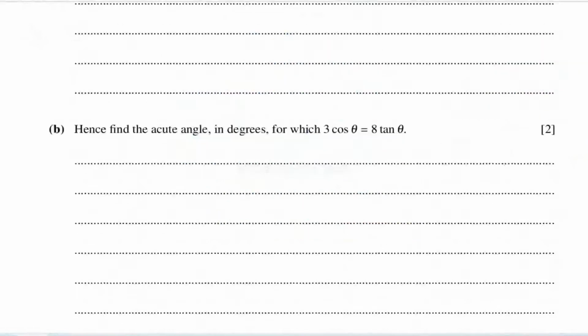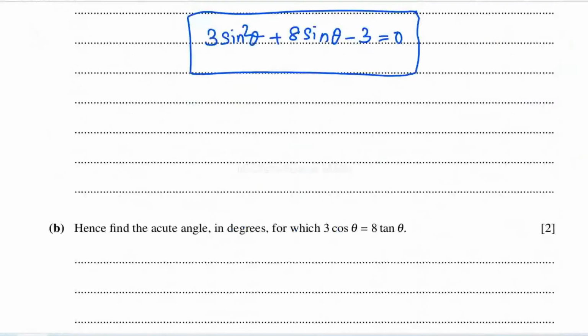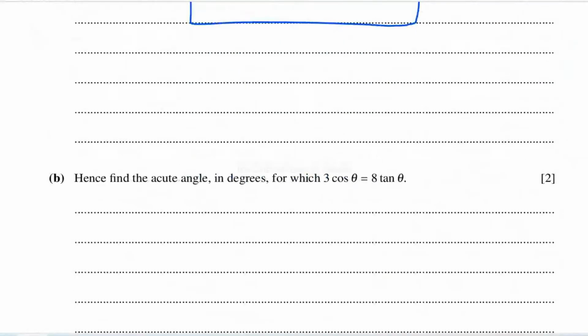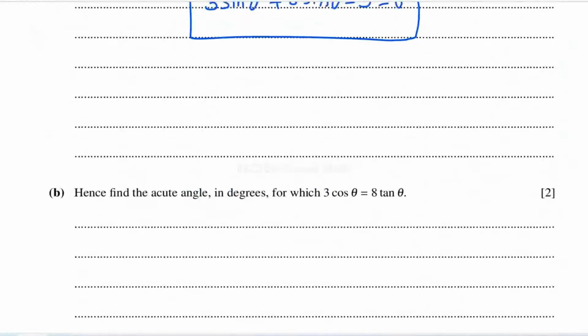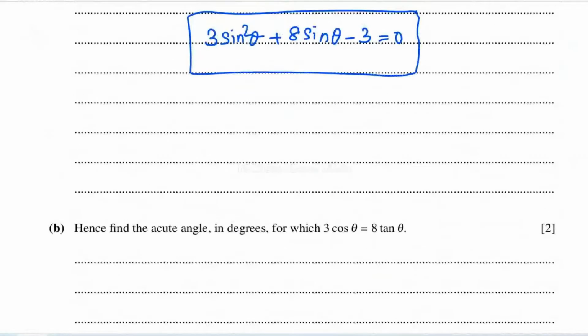The next part of the question is, hence find the acute angle in degrees for which 3 cos theta equal to 8 tan theta. So for this let's take the previous part of the question's answer, that is 3 sin square theta plus 8 sin theta minus 3 equal to 0.